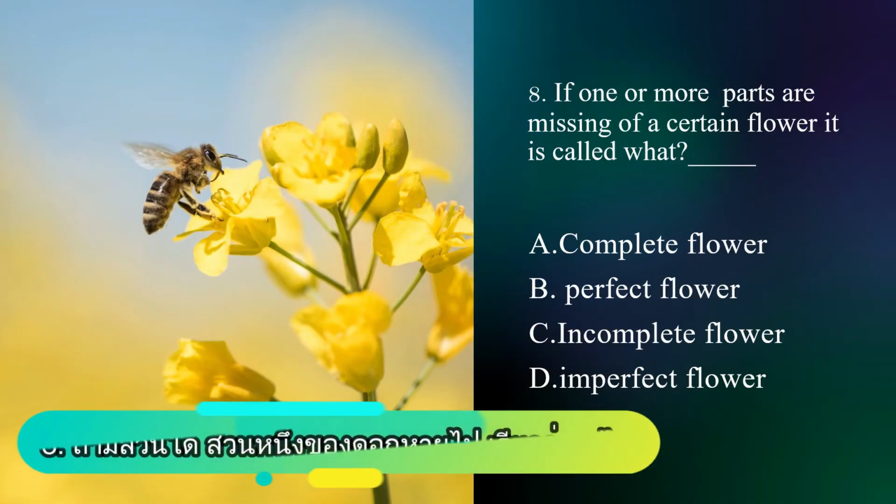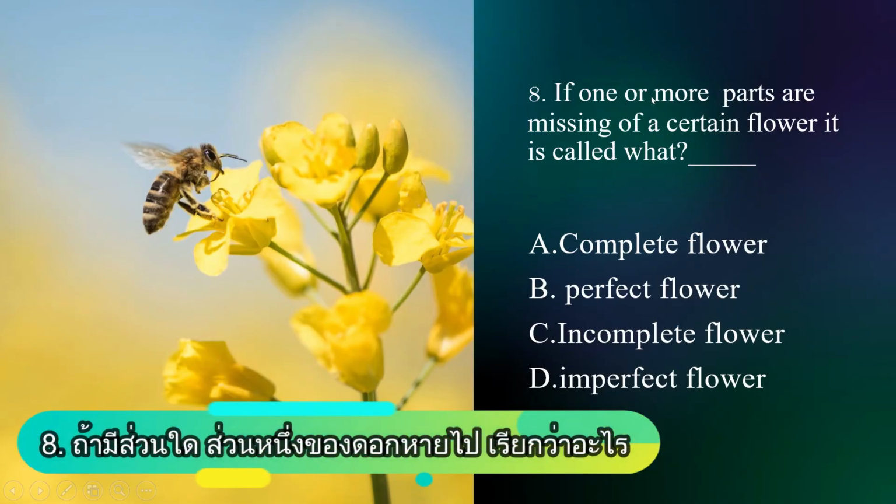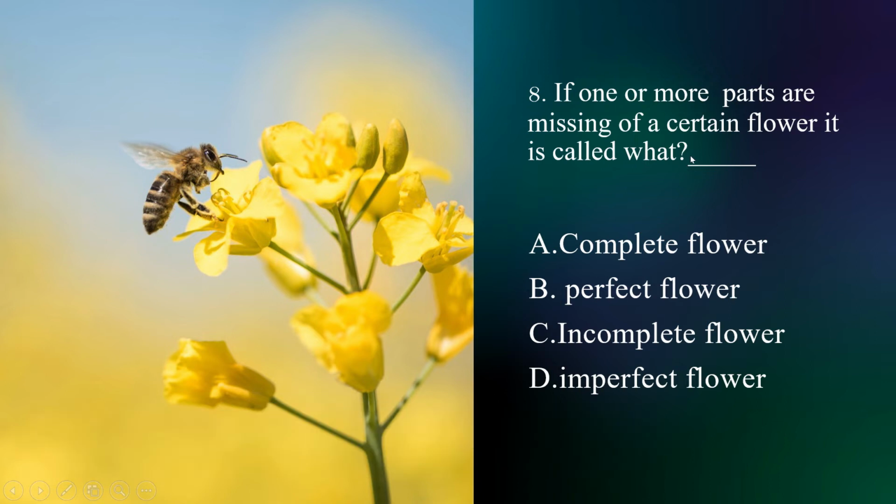8. If one or more parts are missing of a certain flower, it is called what?